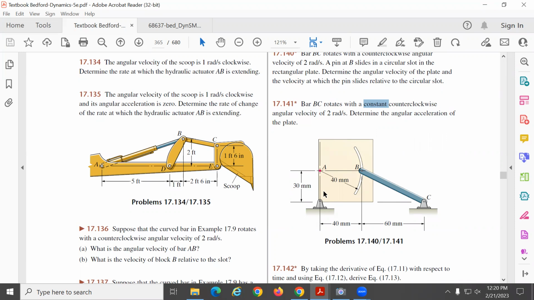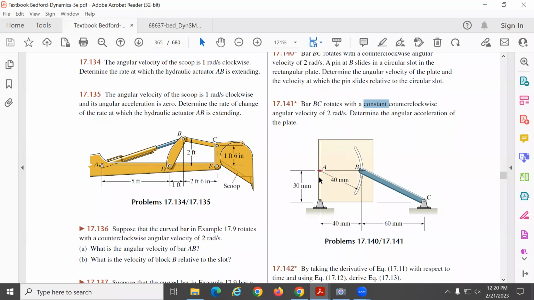Again, the strategy would be to find the velocity of one point and the acceleration of one point from two different locations. The easy one would be to find the velocity of point B from C. Next, we can find the velocity of B from which point?